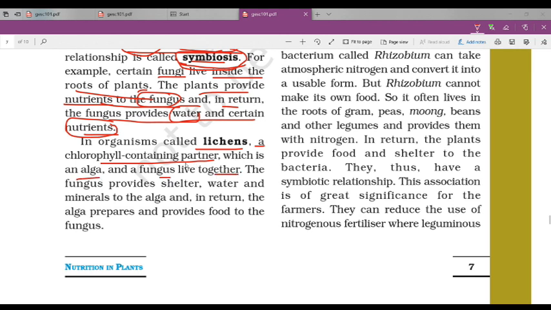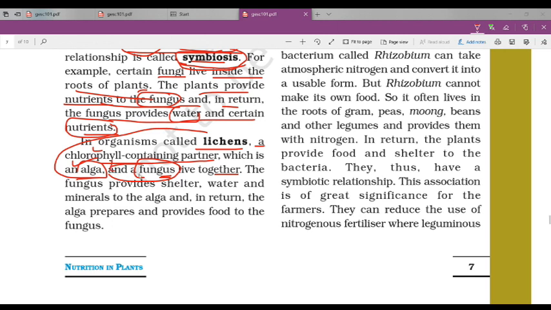So lichen is a combination of algae and fungus. Algae have the chlorophyll and synthesize starch and other carbohydrates, and in return the fungus gets nutrients from the algae.